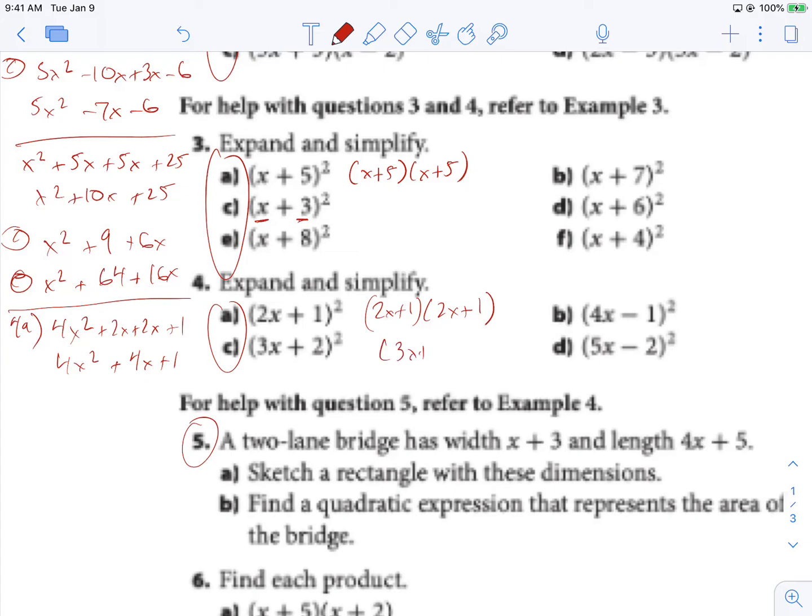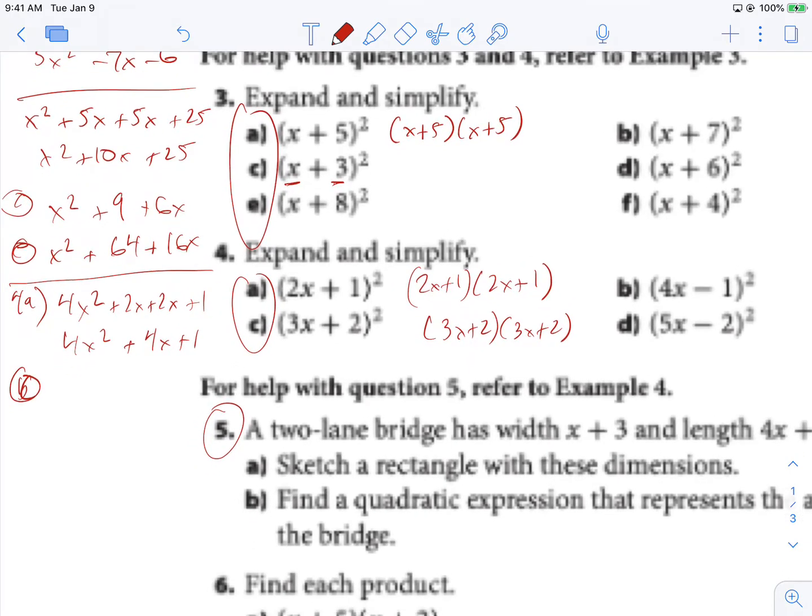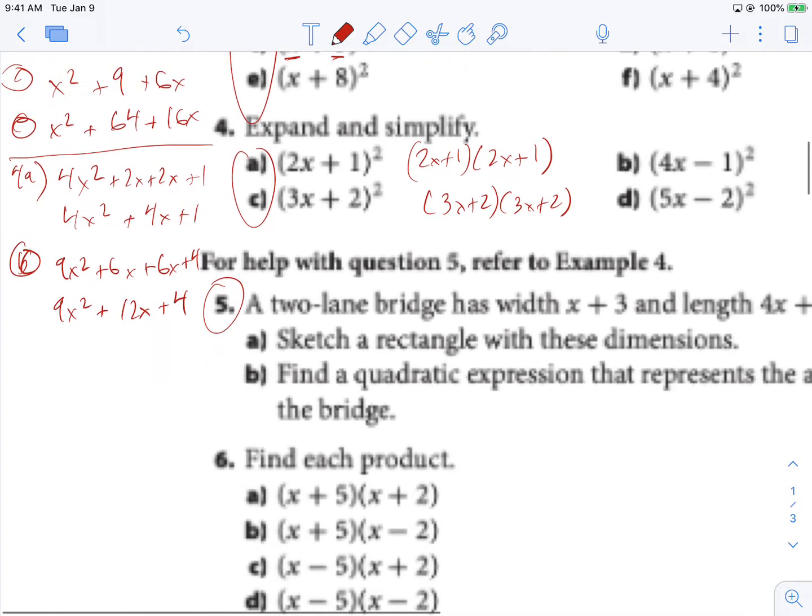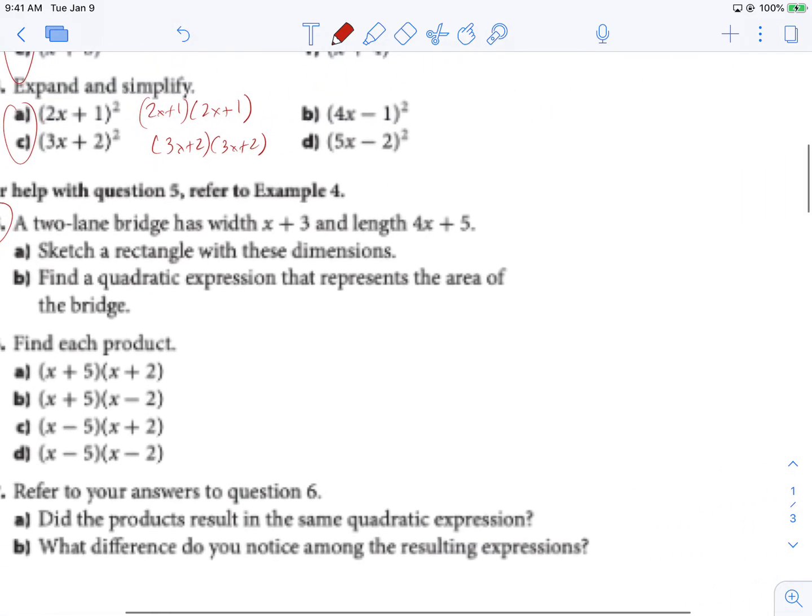Next one, we have 3x plus 2 times 3x plus 2, so using FOIL, that's C. We're going to have 9x squared plus 6x plus 6x plus 4, so we get 9x squared plus 12x plus 4. Awesome.